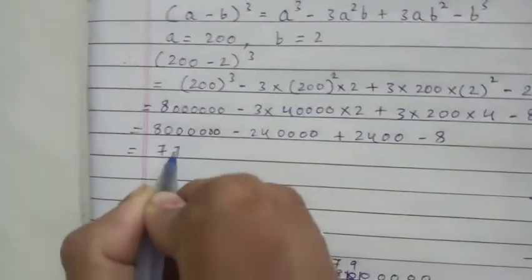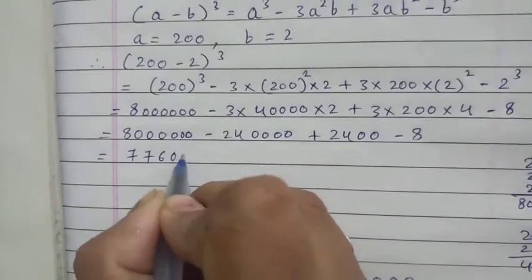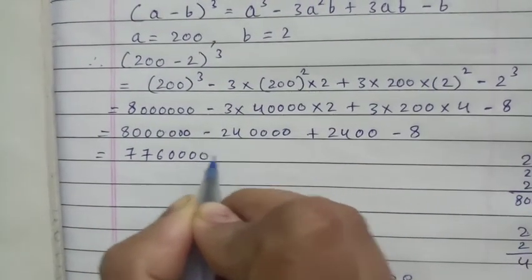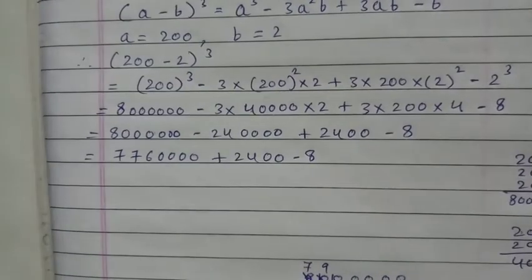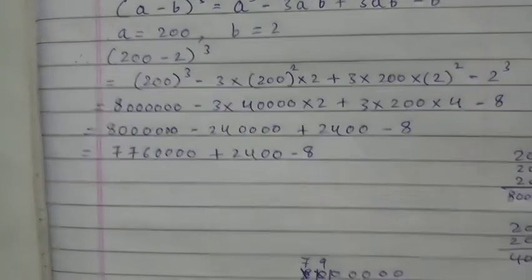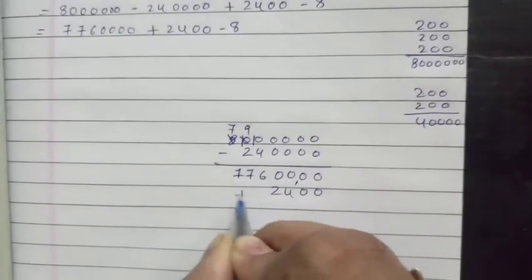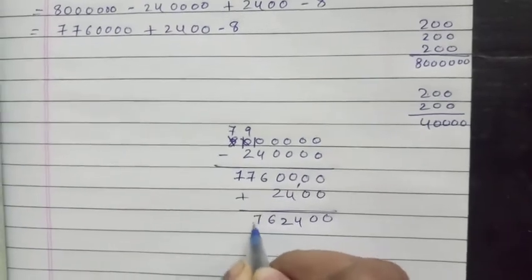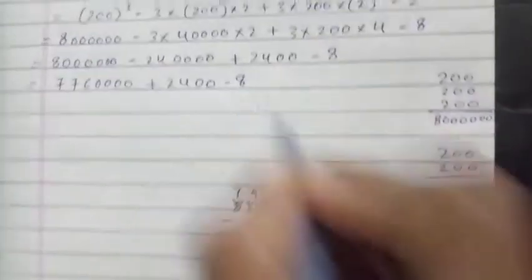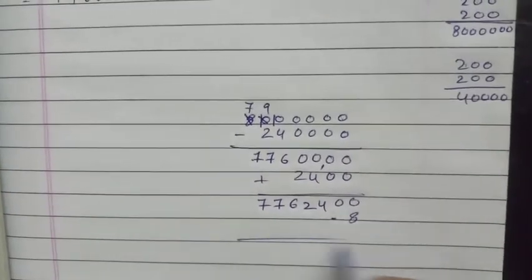So we have 7 7 6 0 0 0 0 plus 2400 minus 8. Now add 2400. So 0 0 4 2 6, 7, 7. Now we have to subtract minus 8.